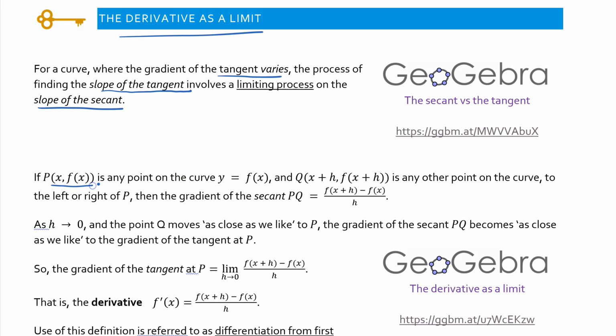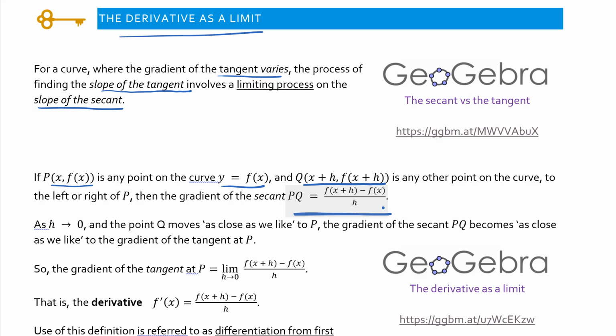So if P is a point on this curve, and Q, a little bit further away from x, so a slightly different value of y, is any other point on the curve, doesn't matter whether it's to the left or the right, even though our picture was on the right, then the gradient of the secant, a straight line between P and Q, is y2 minus y1 over x2 minus x1.